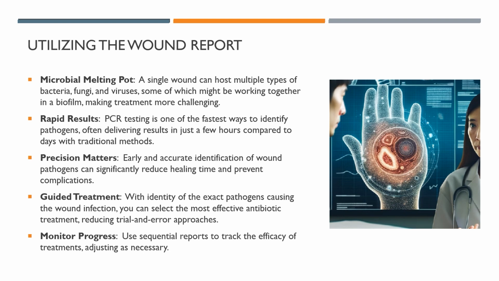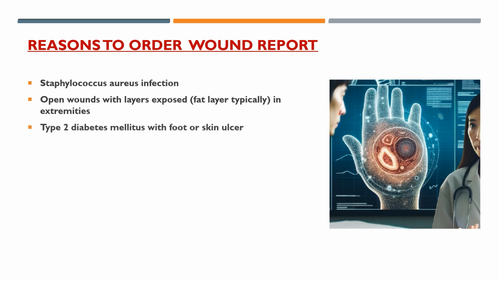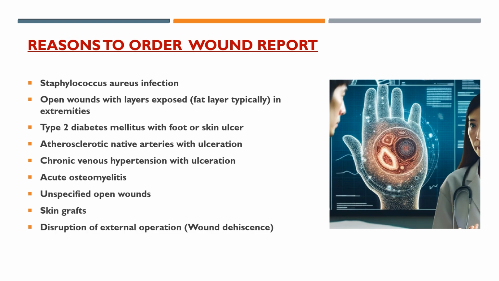Reasons to order a wound report: a staph infection, open wounds with layers exposed, typically the fat layer, type 2 diabetes with skin ulcers, atherosclerotic native arteries with ulceration, chronic venous hypertension with ulceration, acute osteomyelitis, unspecified open wounds, skin grafts, disruption of the external operation wound or wound dehiscence, and other complications of skin grafts.